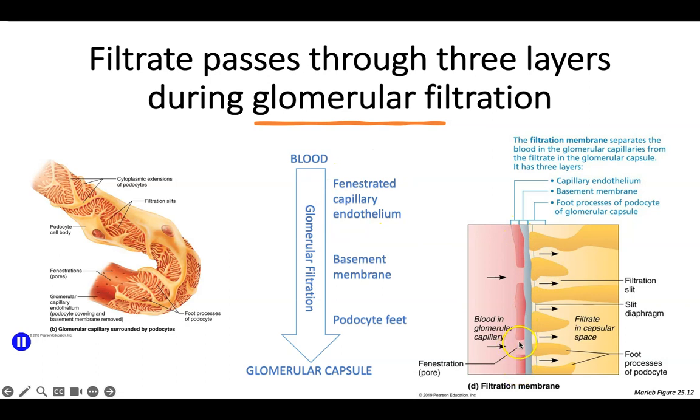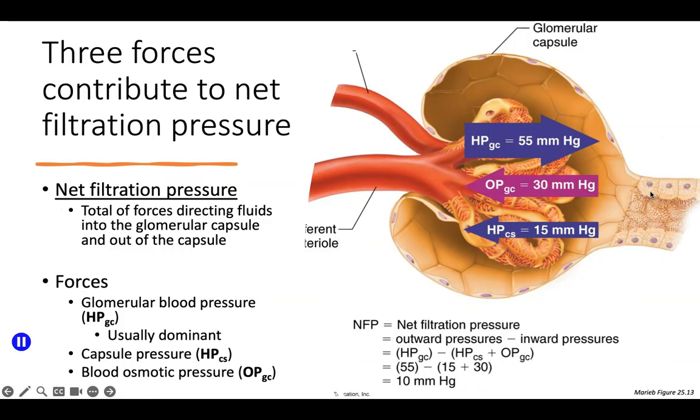So it's fenestrated, lots of pores, then through the basement membrane, and then finally through, or in between, the feet of those podocytes. Remember, that's the visceral side of the glomerular capsule. Once passing through all of these, that's the filtrate. It has been filtered. The fluids and other substances have moved through these 3, and the filtrate is then present in the glomerular capsule.